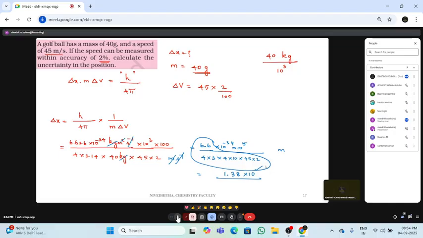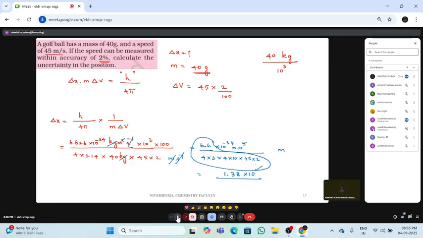Yeah, it is minus 26, I think, after dividing all this stuff. Okay, is it minus 26 or plus 26? Minus 26, ma'am.